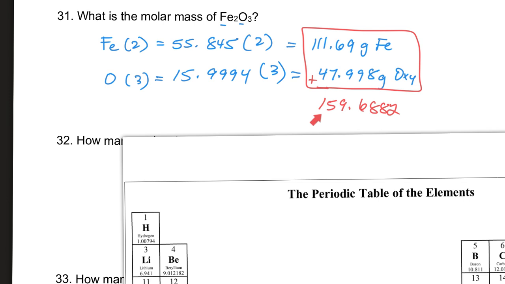So we'll report the 1, the 5, and the 9. We'll draw a line. The 6 is greater than 5, so that means that this 9 becomes a 10. So the final answer that we're going to report here should be 160 grams per mole of that particular compound of Fe2O3. And so there is your answer.